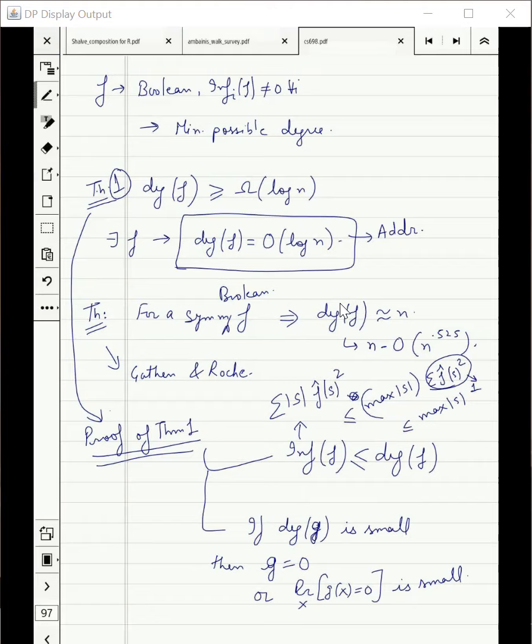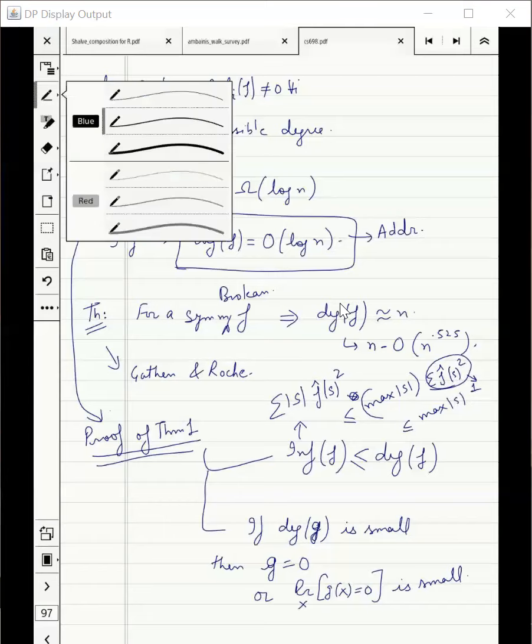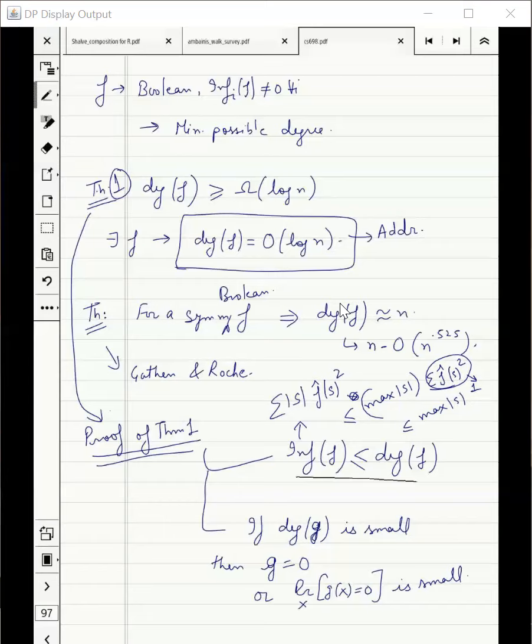That means summation of f hat at s squared is equal to 1. Now, if the maximum value you are allowed to put on the cardinality of s is degree of f, then the summation cannot be more than degree. Right? That means this is an easy thing to do. Any questions about this part? Influence of f less than or equal to degree.